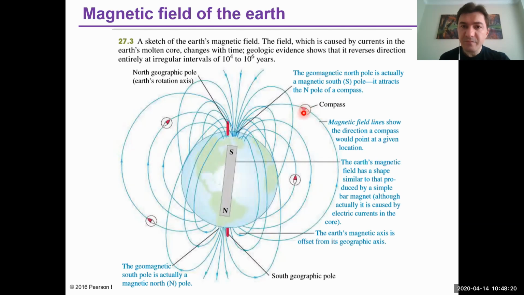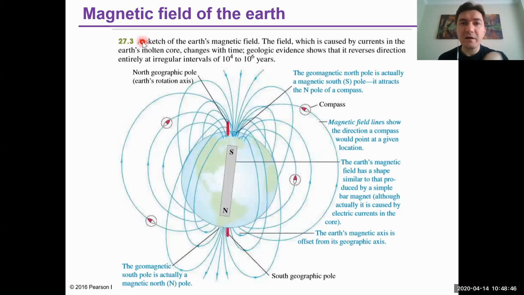So since there is an attractive force between North and South in terms of magnetism, this will show that point. This is actually the geographic North Pole, okay? So we have magnetic field lines from north to south magnetic poles around the Earth.